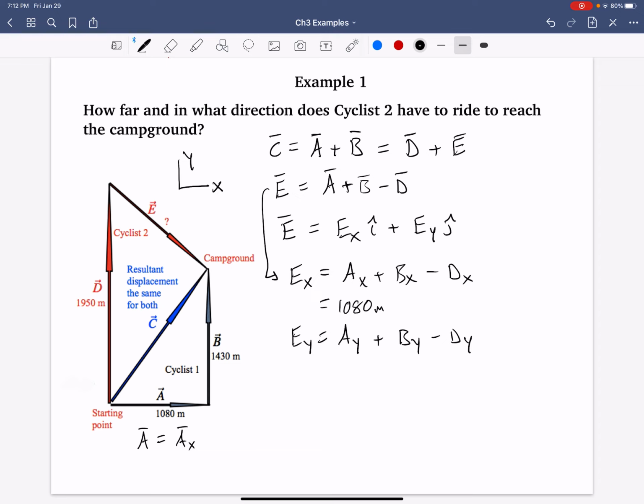BX, does that cancel out? What's that value? Well, it's the x component of vector B. Vector B, it says, is completely now in the plus y direction. There is no x component. So that's 0. Is there an x component for vector D? Also, no. D is purely in plus y.